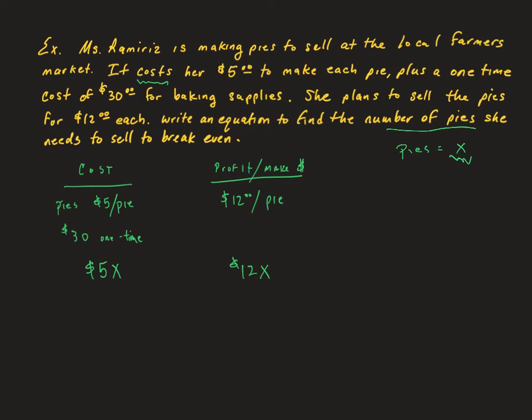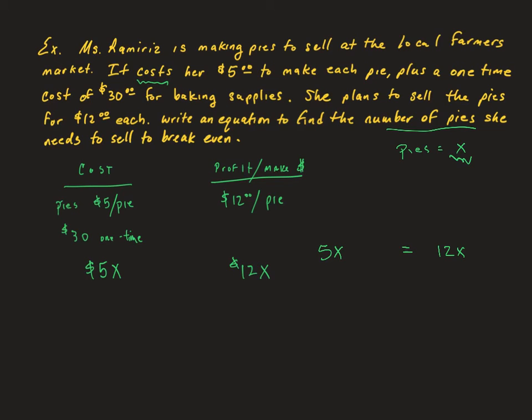And then I want it to be equal. So I have 12x is what I'm making, that's my profit side. But my cost side is going to be 5x because it was $5 per pie.